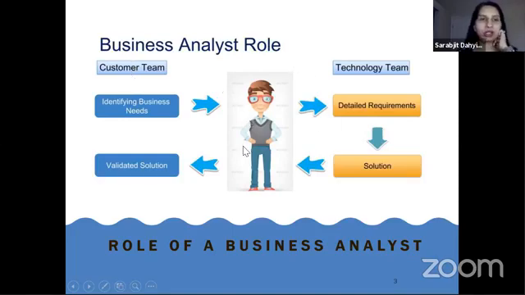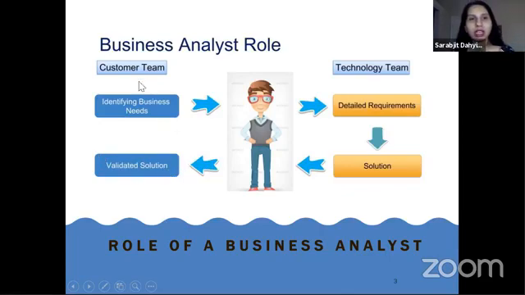As a business analyst, you're working with the business teams to identify the business needs. They're talking to you about what those needs are. And then you're talking to the IT teams and helping to create the detailed requirements. The IT teams create a solution. And then the business analyst brings it back to the business teams to validate the solution.